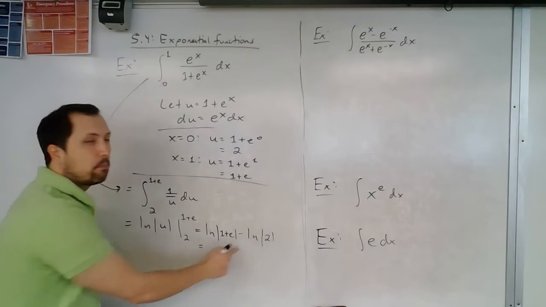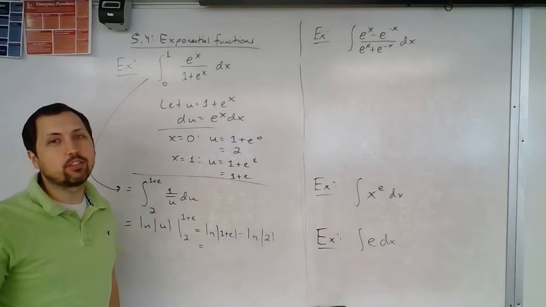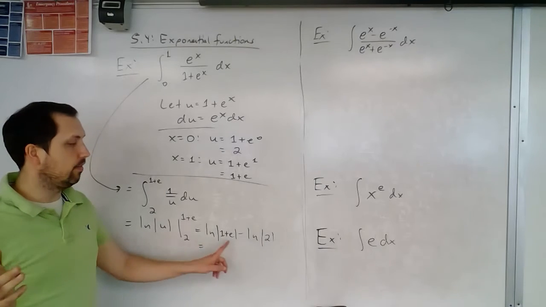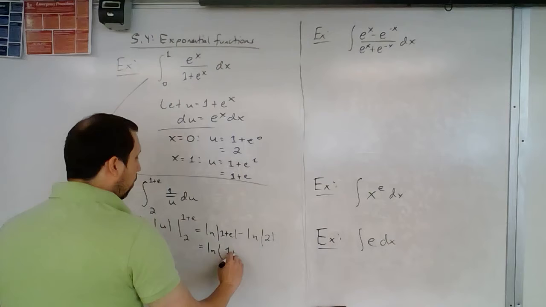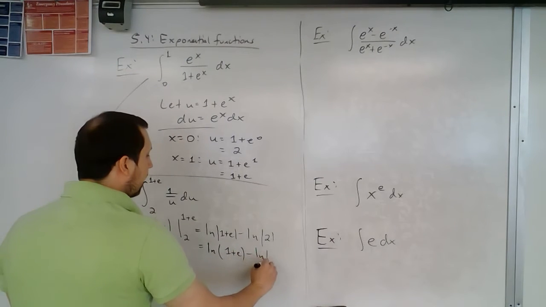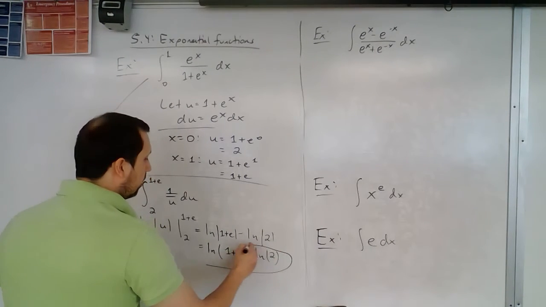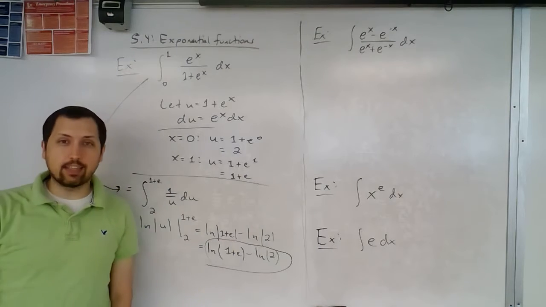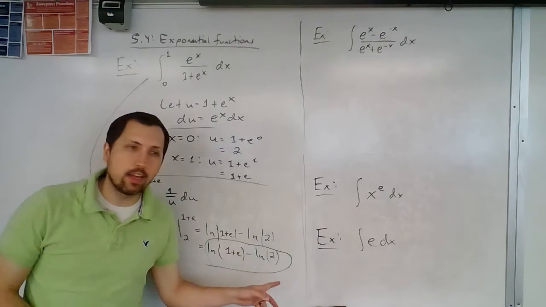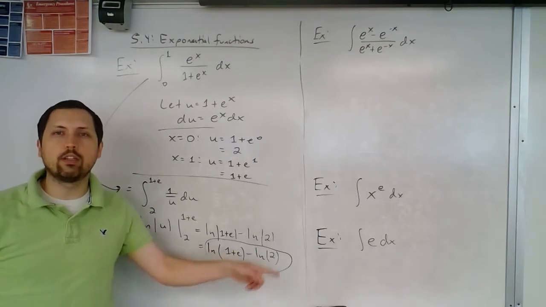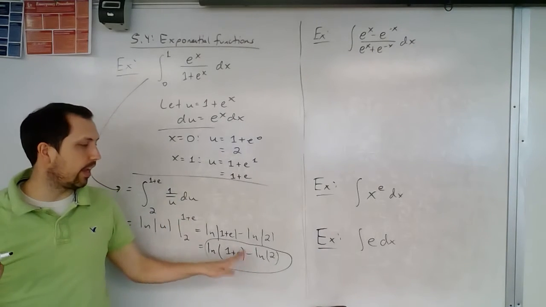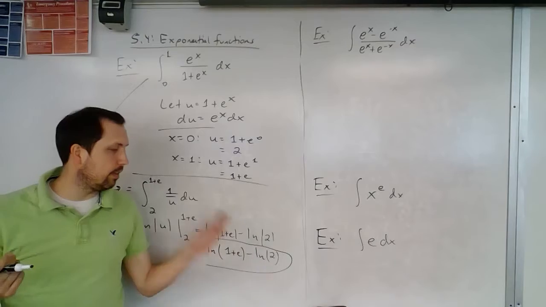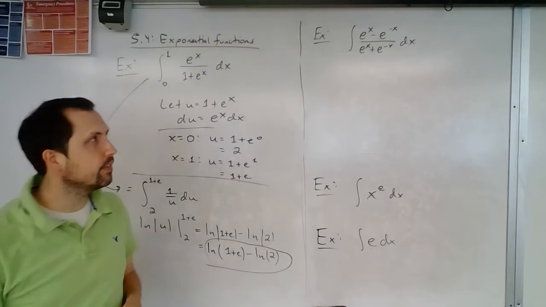But both of these numbers are positive, so it doesn't matter that you have absolute values. So this is really natural log of 1 plus e minus natural log of 2. And that's the answer. You can't simplify. I mean, you could simplify by using the subtraction rule and dividing over, but that doesn't really simplify anything. So this is your answer, natural log of 1 plus e minus natural log of 2.